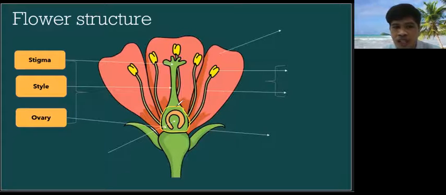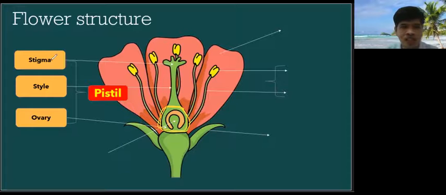Next, together these three, stigma, style, and ovary, form the pistil, which is the female part of a flower. The pistil is made up of the stigma, style, and the ovary.